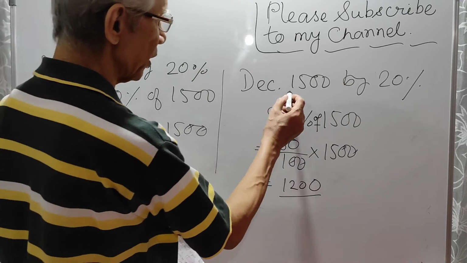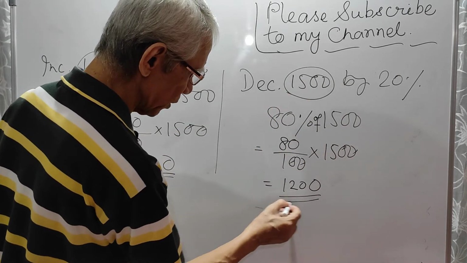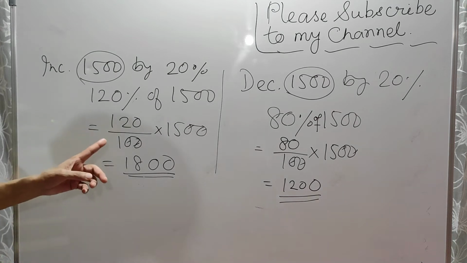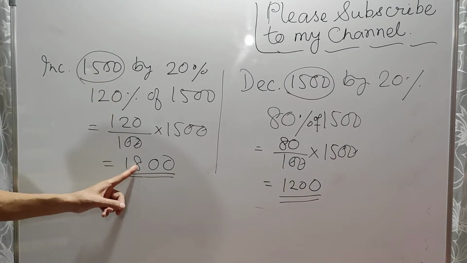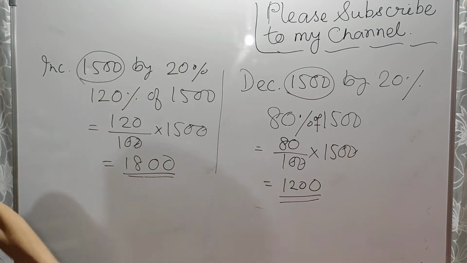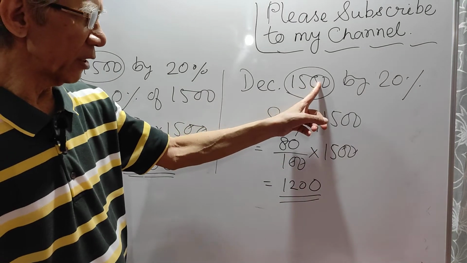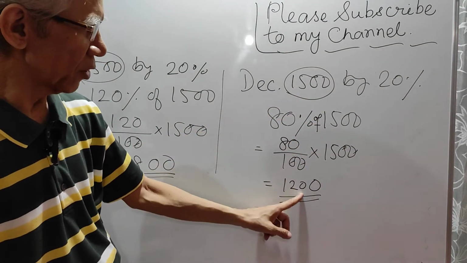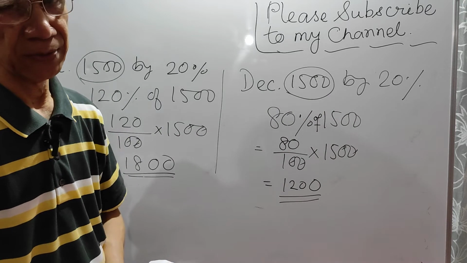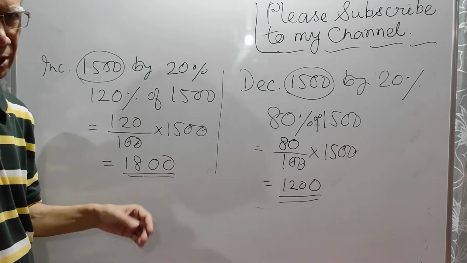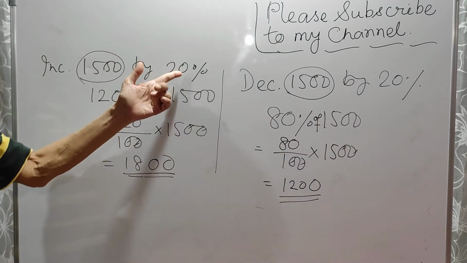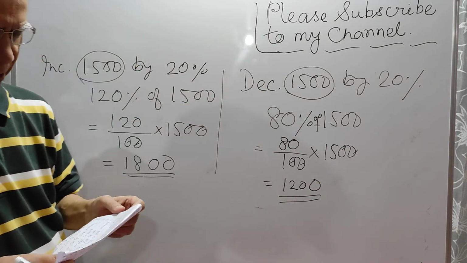Yes, so you see 1500 is decreased to 1200. In the earlier case 1500 was increased to 1800 by 20%. In this case the same 1500 is decreased to 1200 by 20%. So again see the rule, to increase you have to add and to decrease you have to subtract.